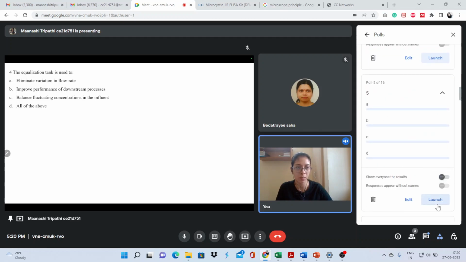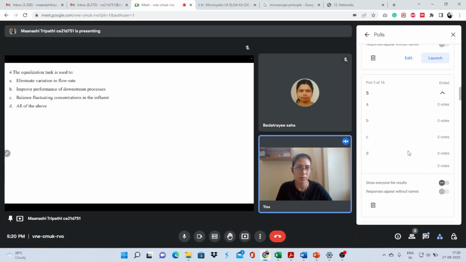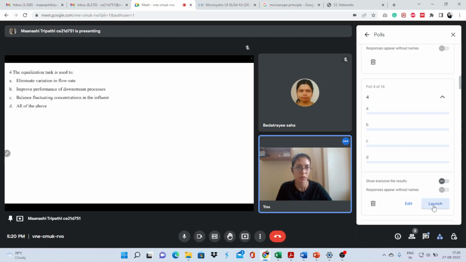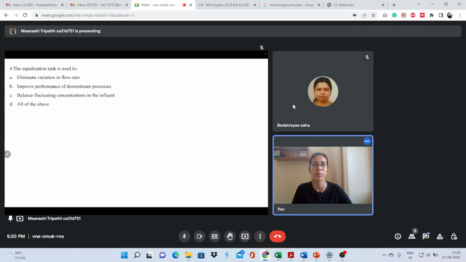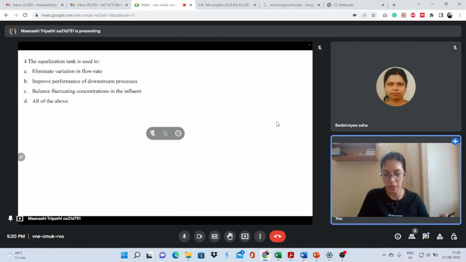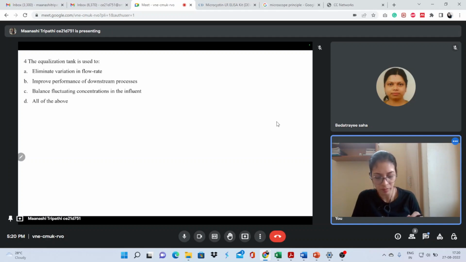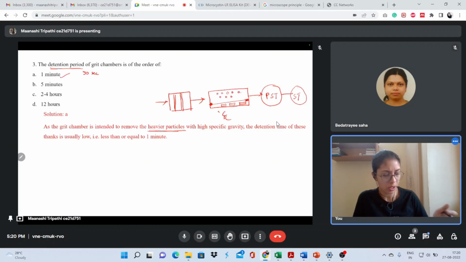And these are the polls for question number 4. So why do we use equalization tank? Where do we put equalization tank? We can put equalization tank here as well as here, anywhere we want.